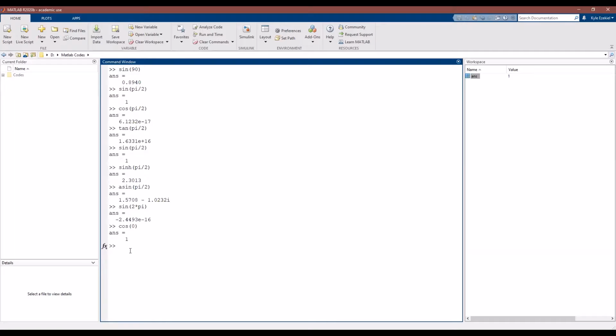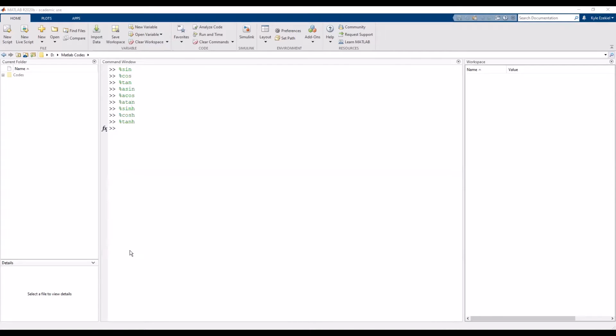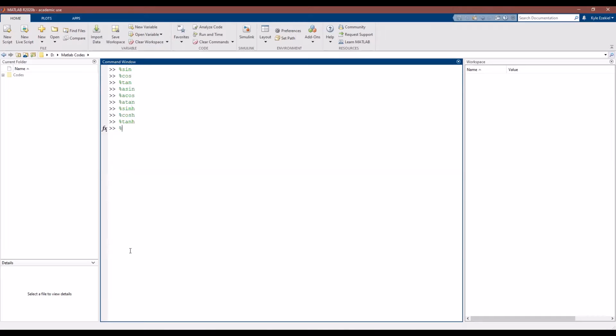So just use the commands as follows. For sine, that would be sin. For cosine, that's cos. Then tangent, that's tan. Then if you want to get the arcsine, then asin, acos, atan. Then for hyperbolic, sinh, cosh, tanh. Then for the arc of the hyperbolic, use asinh, acosh, and atanh.